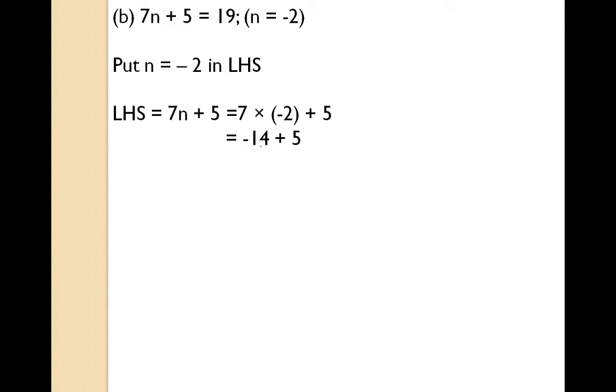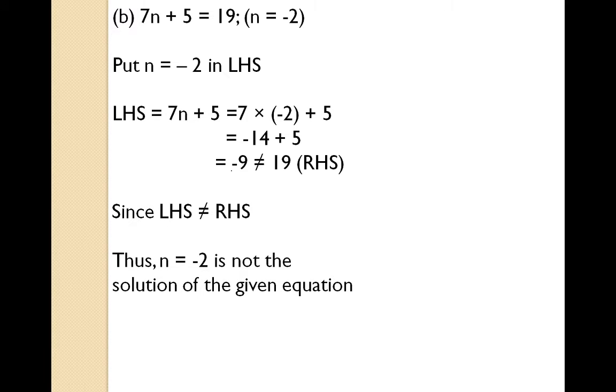Both numbers carrying different sign, so we have to subtract this number. So we get here 9 and we have to give the sign of a bigger number to the answer. Between 14 and 5, 14 is a bigger number, so we have to give the negative sign to the answer. But still answer is not equal to 19, that is RHS of our equation. So since LHS is not equal to RHS, thus n is equal to negative 2 is not the solution of the given equation.